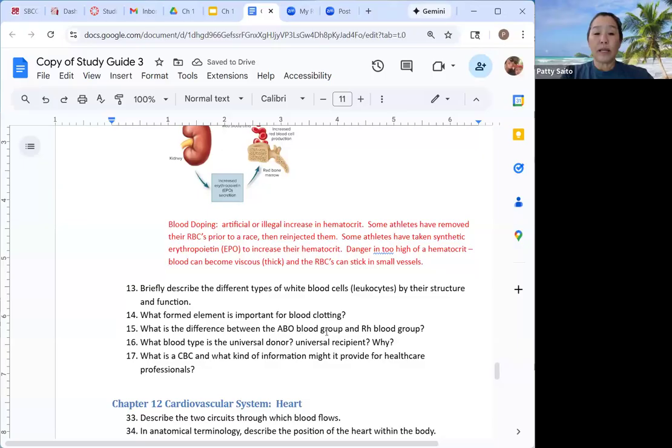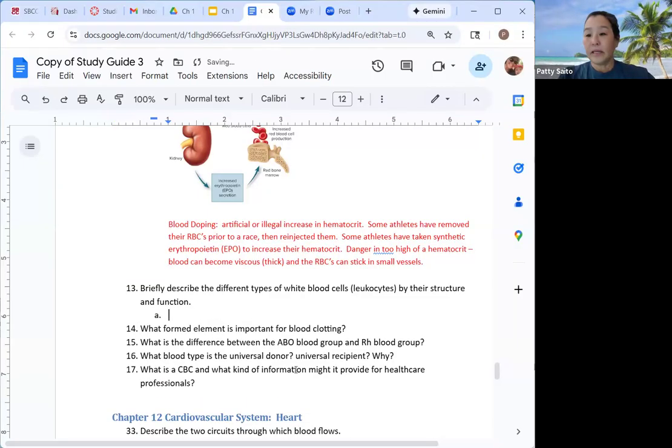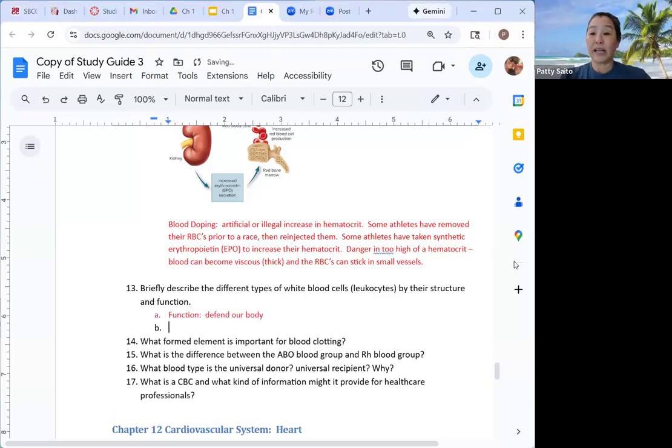Let's go on to the white blood cells. There are different types of white blood cells. Of course, we know that the function of the leukocytes is to protect our body. It's one of the functions, to defend our body.